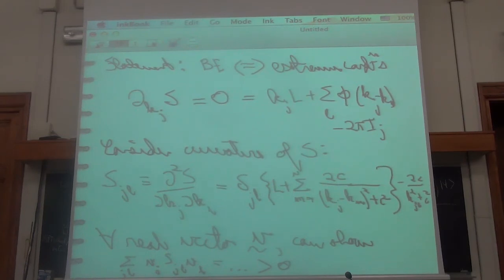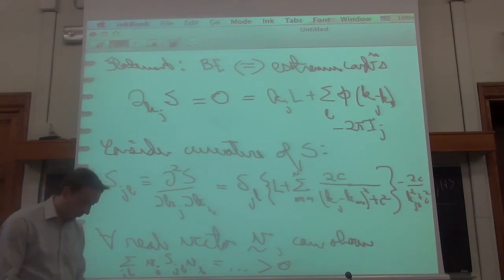Since it is a global minimum, there's no assumption that v is small here. This is true for any v. Since it is a global minimum, its bottom is unique, so there's a unique solution to the Bethe equations. This is true for the Bose gas.